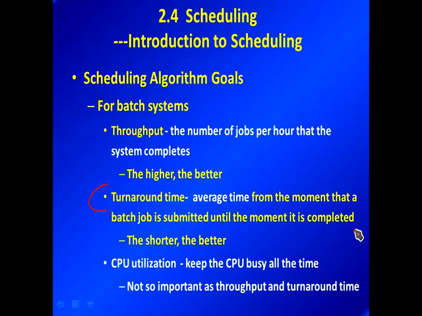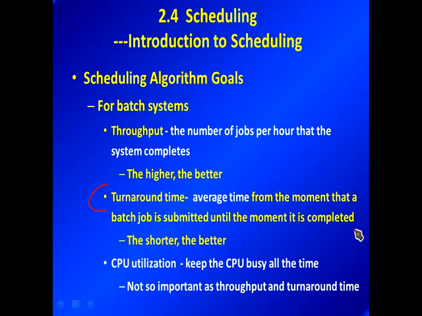Actually, the average turnaround time is the average value of multiple different jobs. Each job has a corresponding turnaround time, and that time means the period from the moment that this job is submitted until the moment it is completed.